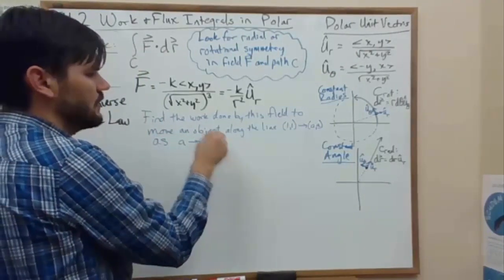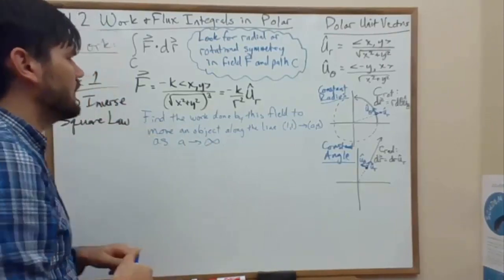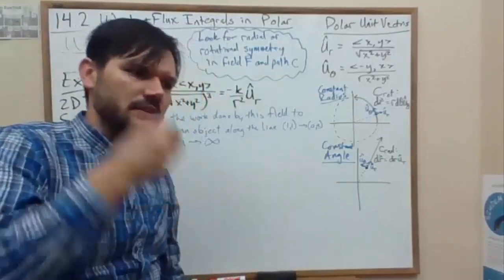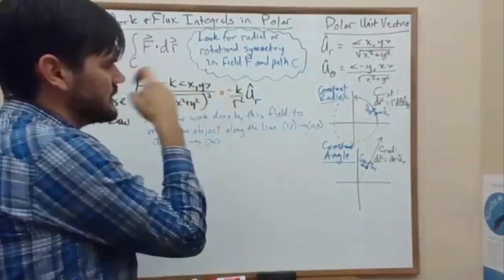We'll just say it goes to infinity. So first off, this is a radial field that's pulling inwards, and as we're moving an object from (1, 1) outwards, this work is negative. So it's obvious the work is negative here.